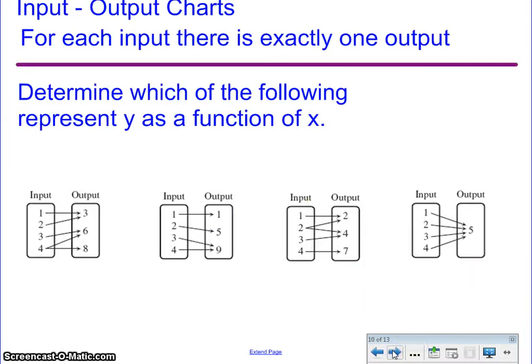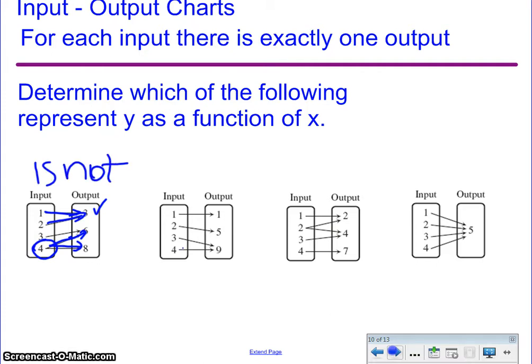All right, so this is how our input-output charts look. And you can see here that the lines, it only goes across once. It's okay for Y to repeat itself, so this makes it okay. But what does not make this a function is right here. See, the input is repeating itself with different values of Y, so this is not a function.